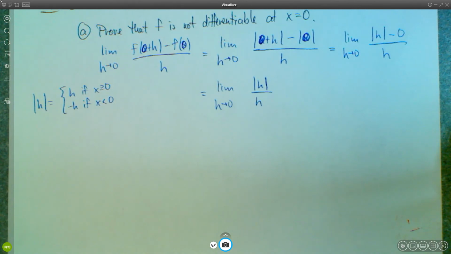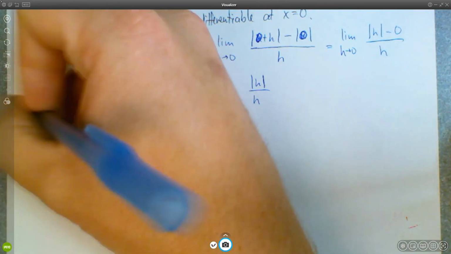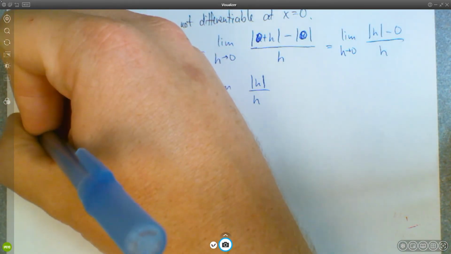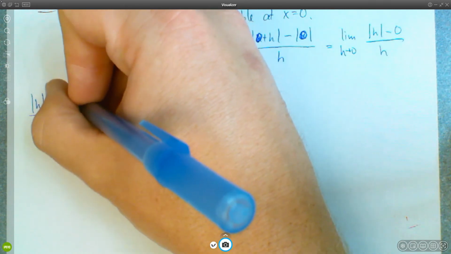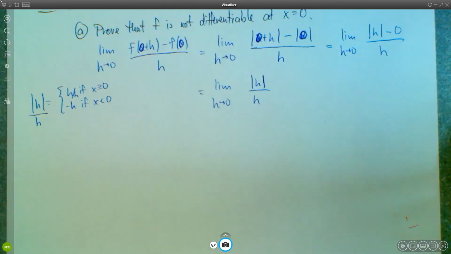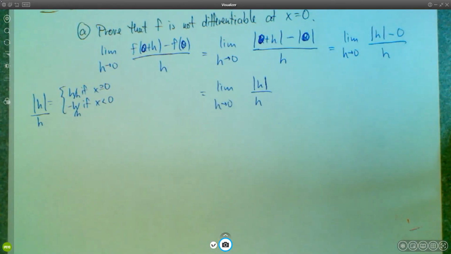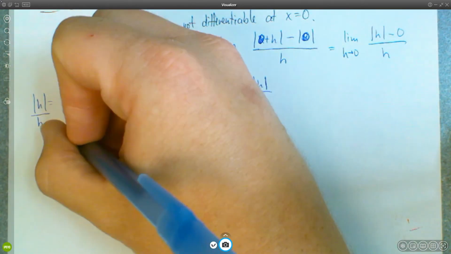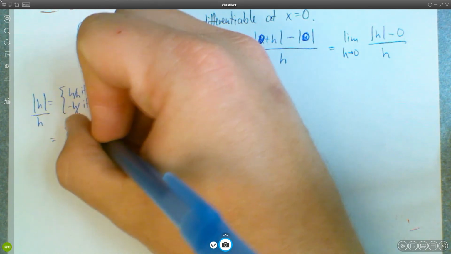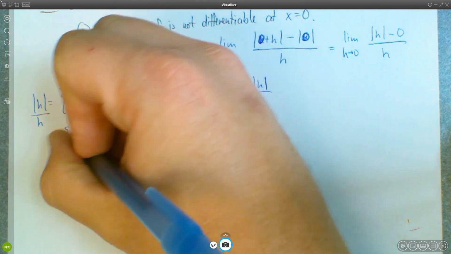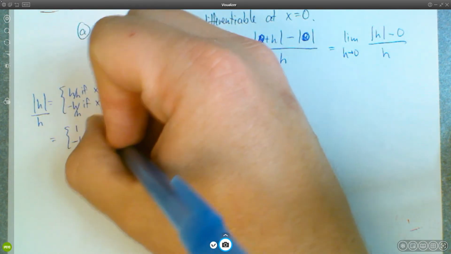So absolute value of h divided by h is going to be h over h if h is greater than or equal to 0, or negative h over h if h is less than 0. In other words, that's a positive 1 if h is bigger than or equal to 0, and a negative 1 if h is less than 0.